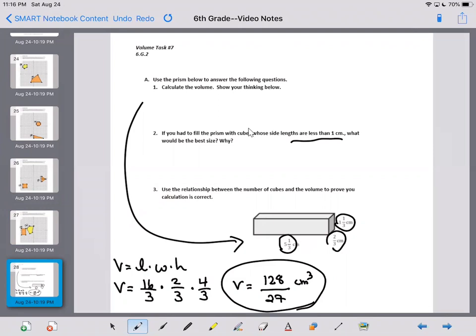So when you're thinking of this, think about the length of a cube that would fit. This is what it's asking: how many of these would fit into here? Well, the best measurement would be a length, width, and height that are thirds.